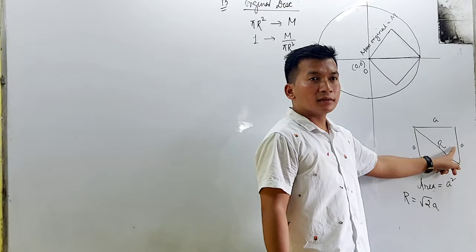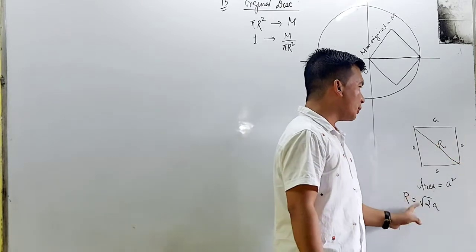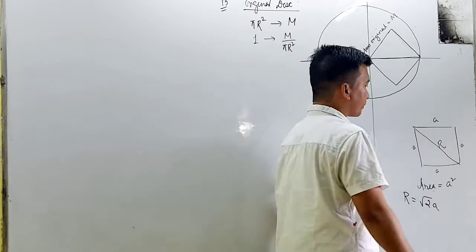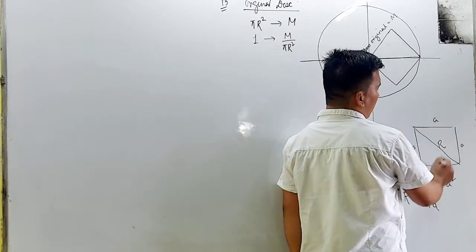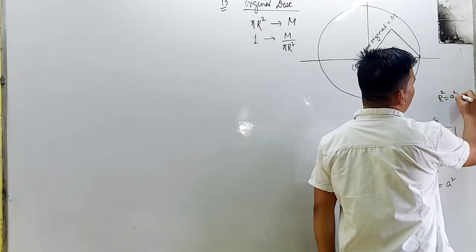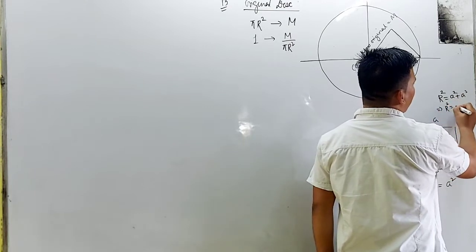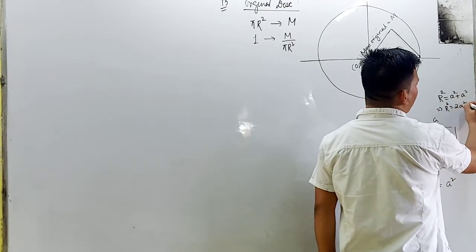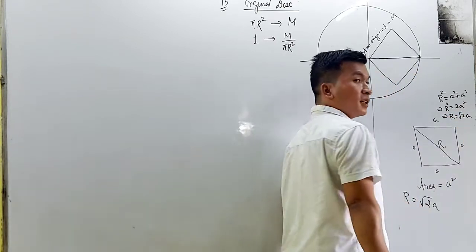So r square is equal to 2 times a square, and from here r is equal to root 2 a. Is there any doubt?